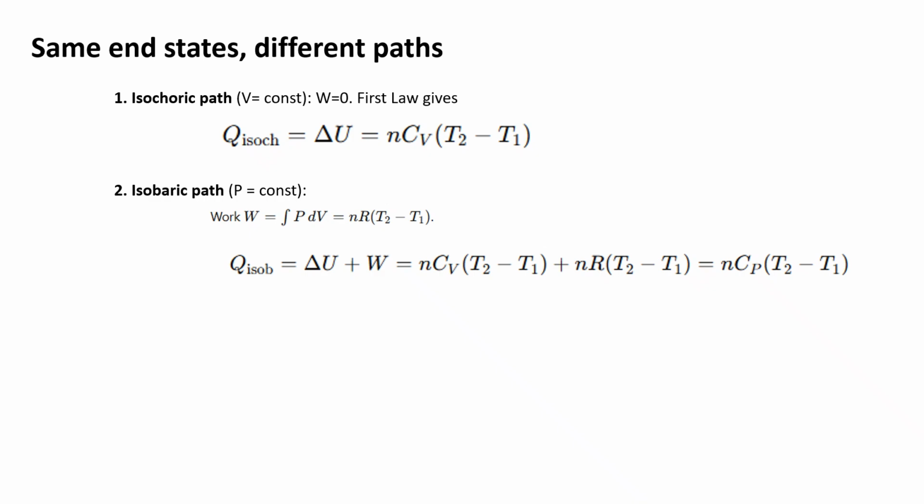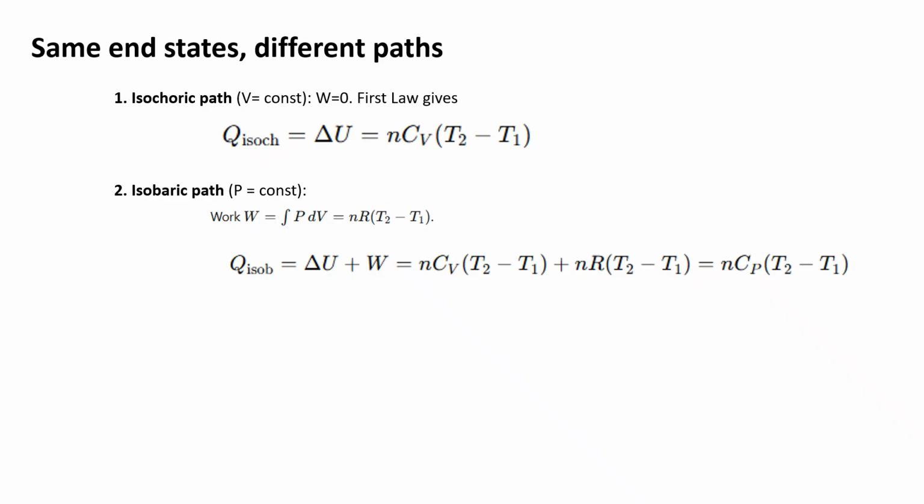Next, we will prove that heat is a path function with one example. Let's consider two different paths with the same initial and final state. The first one is the constant volume path, and the second one is the constant pressure path.